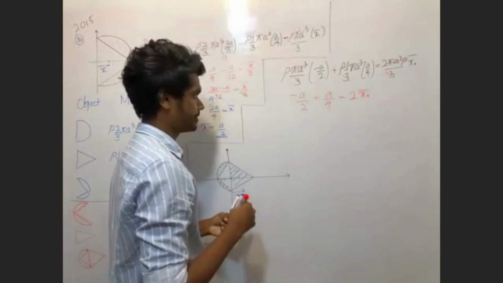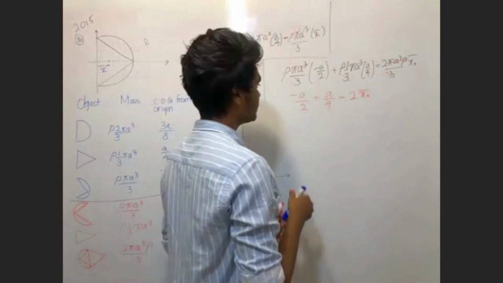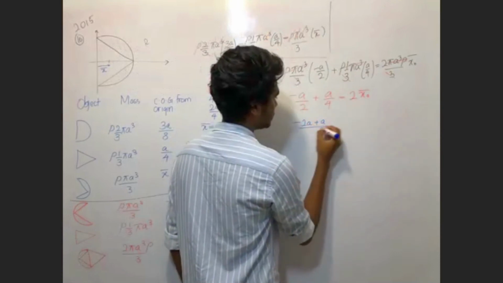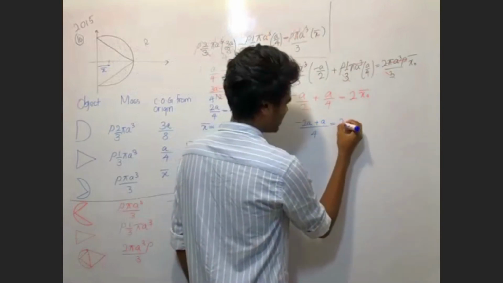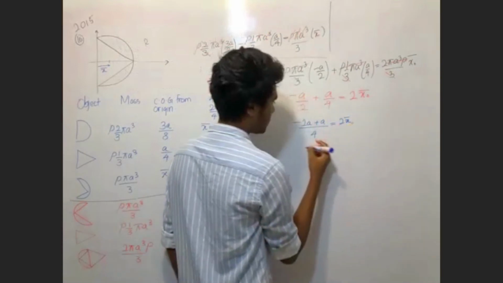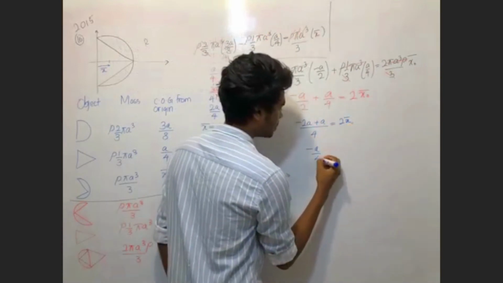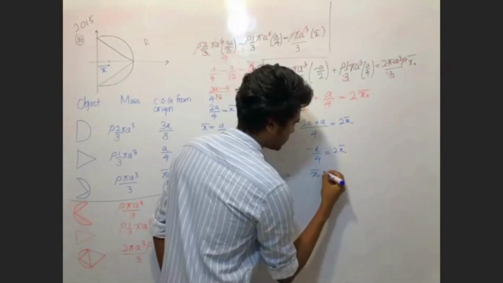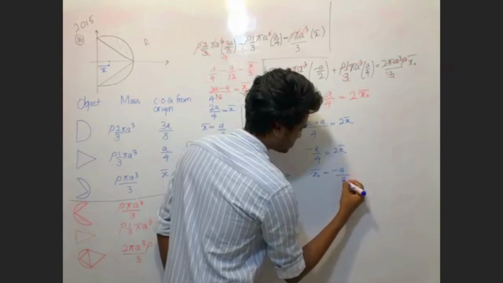To simplify this, minus 2a plus a over 4 is equal to 2x naught bar. It's going to be minus a over 4, 2x bar. x naught bar is equal to minus a over 8.